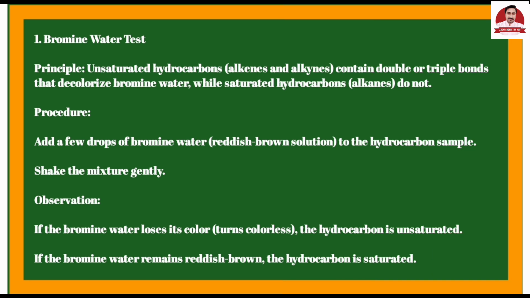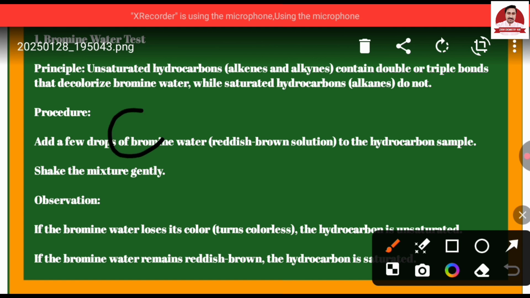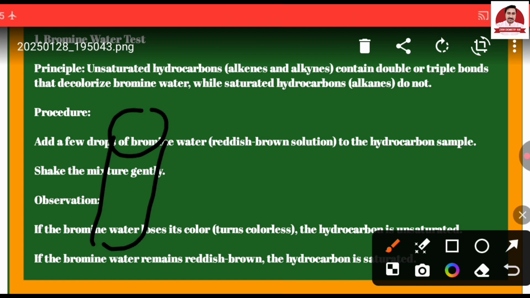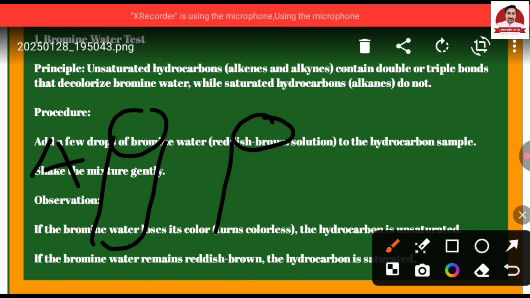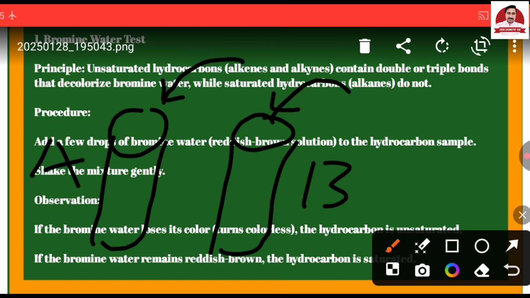First we take an example. We take two test tubes, test tube A and test tube B. In these two we take unsaturated and saturated hydrocarbons, but we do not know which tube contains saturated and which tube contains unsaturated.